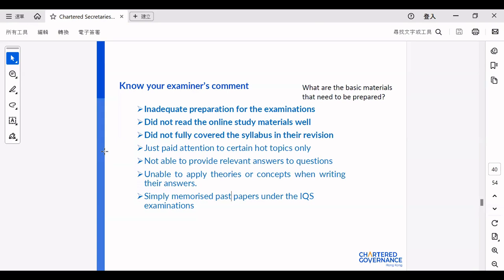The answer is no. And sometimes the marking schemes are really too brief. You may need to look at them more closely and understand what they require you to write down in your answer, rather than memorizing the marking scheme.